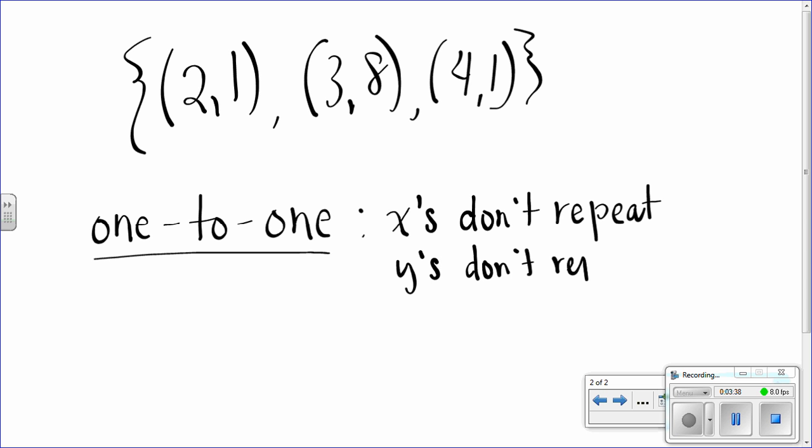Now how do we test for a function with the vertical line test? We can test for one-to-one with a horizontal line test.